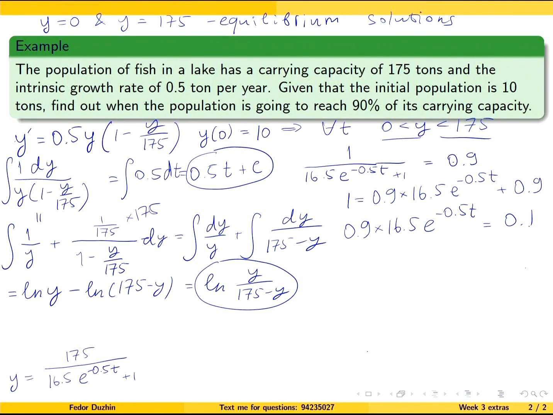Yeah, I guess we can multiply by 10. So multiplying by e to the 0.5t, we get e to the 0.5t equals 9 times 16.5.